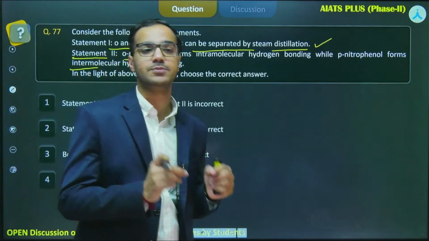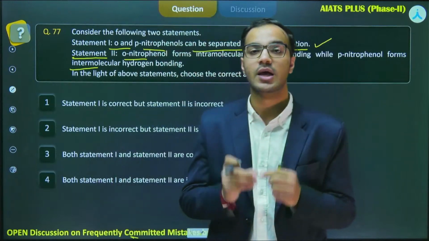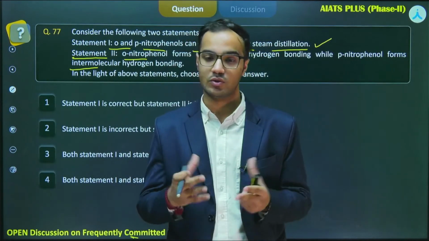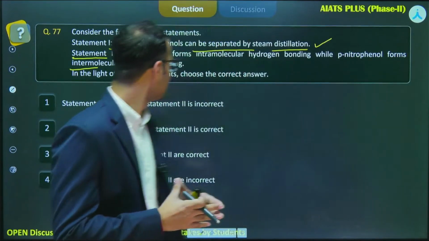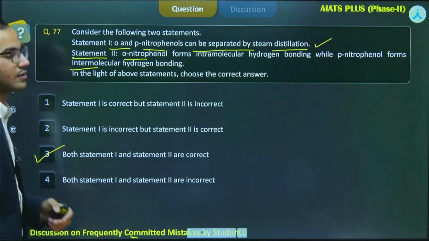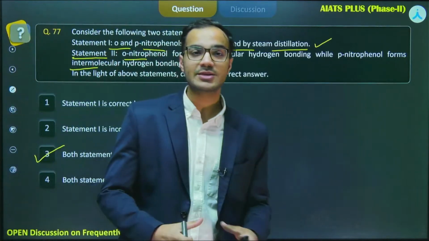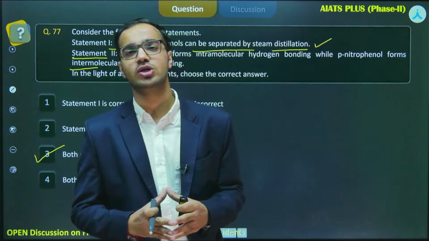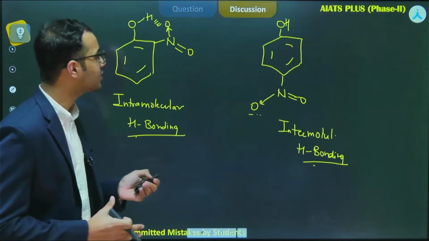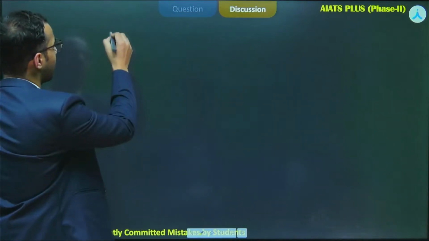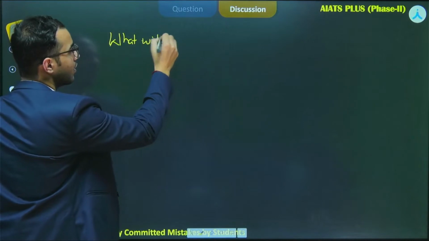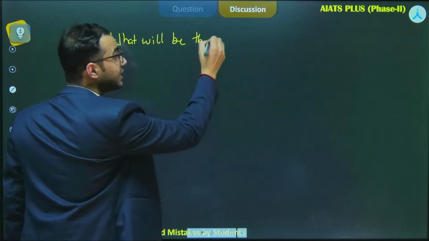This statement is absolutely correct, which makes both statement 1 and statement 2 absolutely correct. Okay, so let us say that both the statements are correct. Let us move to one very important question which may be asked in your exams. Let us say, if I ask you what will be the acidity order?